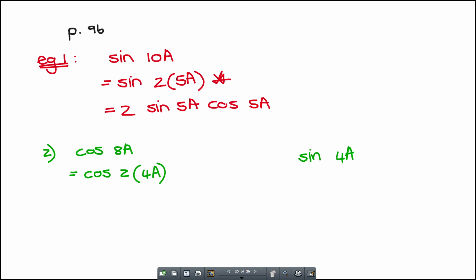Nou, okay, we have to choose one that contains sine. Okay, so I'm going to say that will be the same as the 1 minus 2 sine squared 4a. Sê julle reg? Okay.